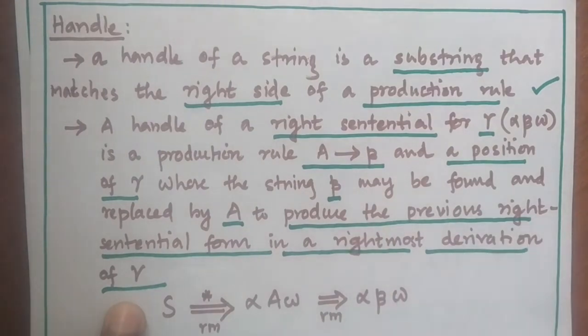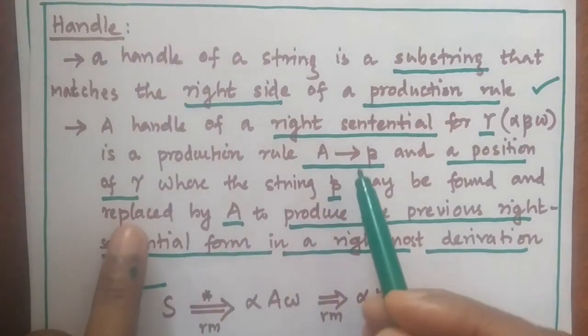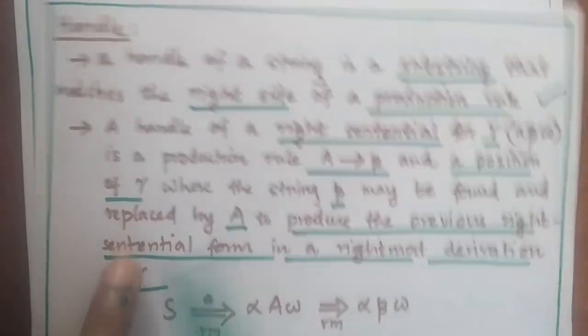So gamma is the right sentential form. We can denote it alpha, beta, omega, and its handle is of the form A gives beta. It's a production plus a position of gamma. Both we have: a production plus the position of that right sentential form. And how can we say it is a handle?